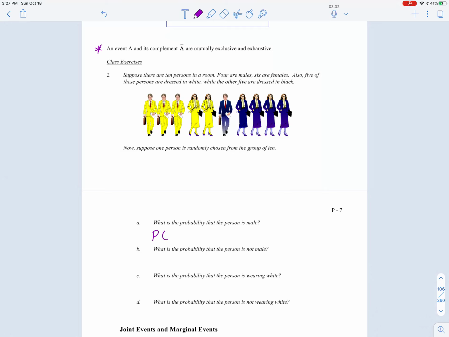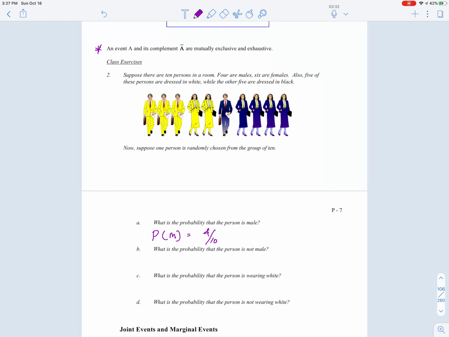So the probability that the person is a male, we would write it as P and then in brackets M. So the event is male. And that is 4 tenths. Now again, you could express that as 2/5, or you could express that as a decimal value 0.4, that's fine. I actually prefer it just as 4/10. It makes it a lot easier to mark.